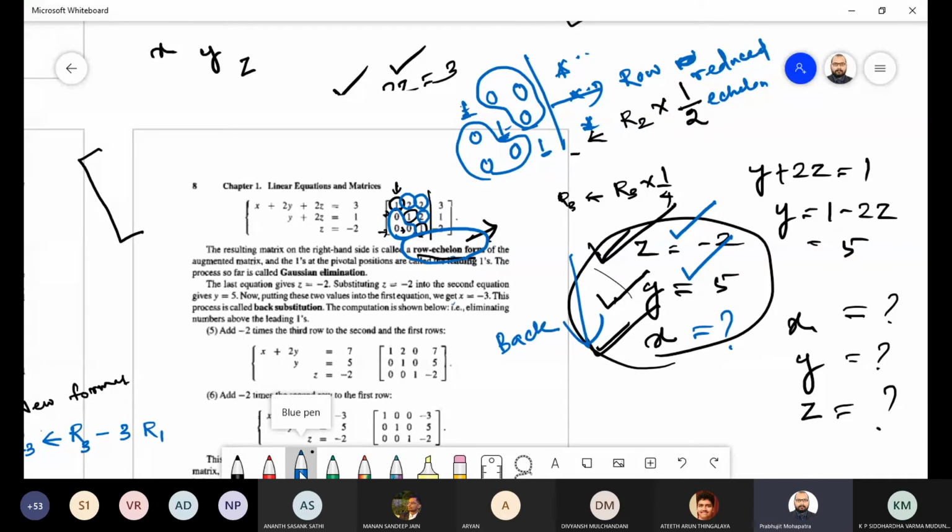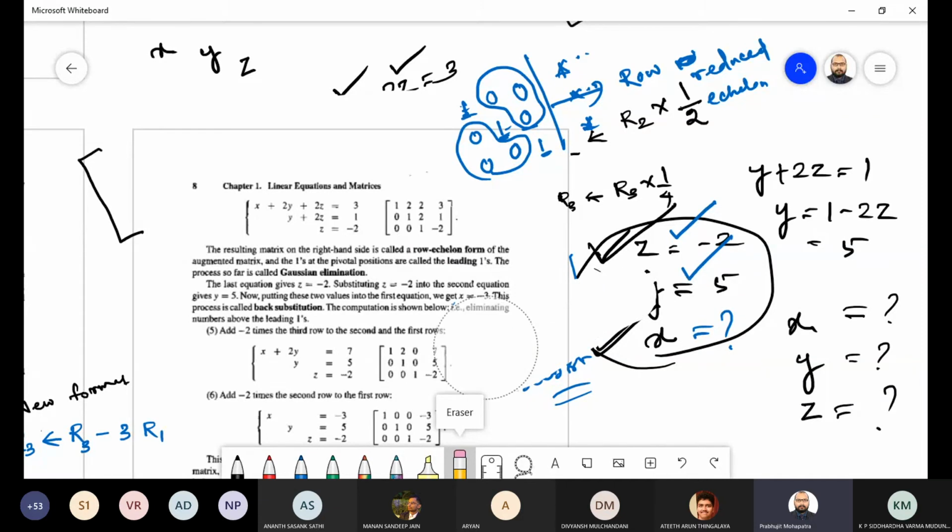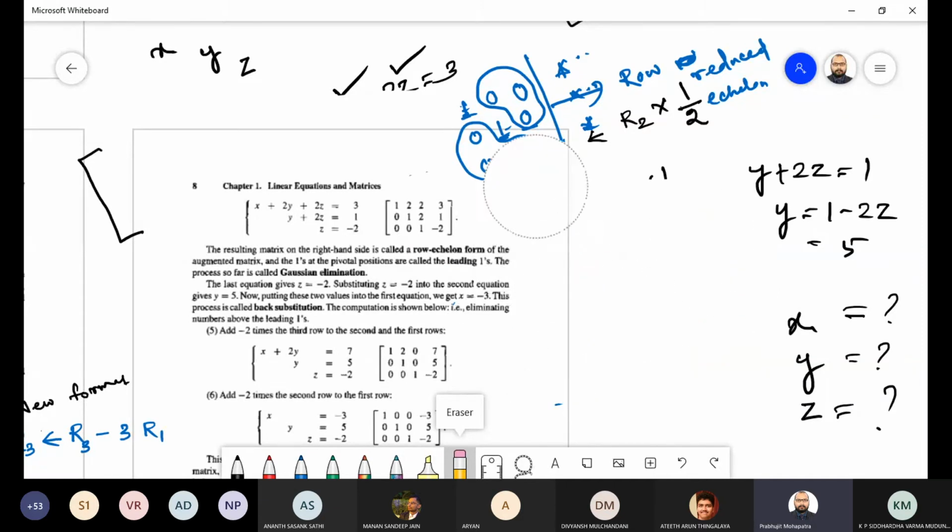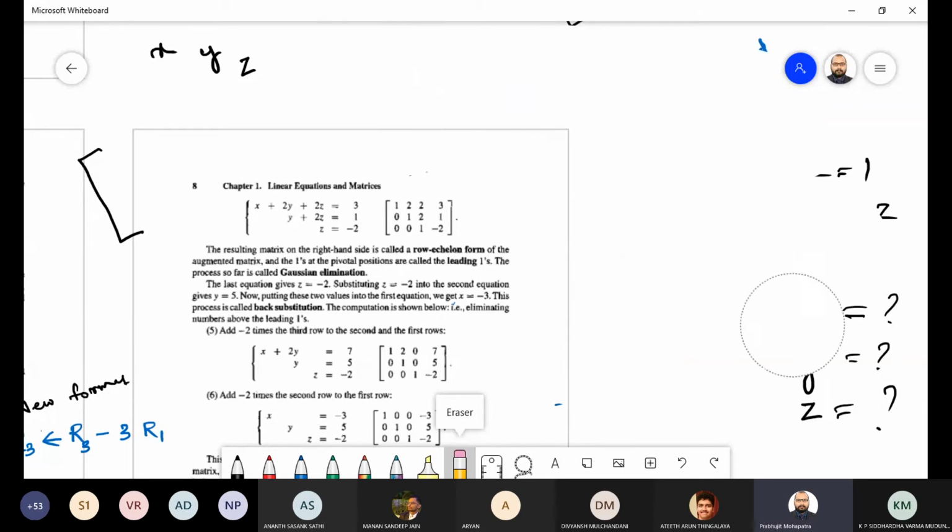It is unnecessary, so instead of doing so many hectic things, we can make this position also 0. Let us see how we can make it. Till now we have done only 50%. We have to make the upper part also 0. Now check how to make the upper part 0.